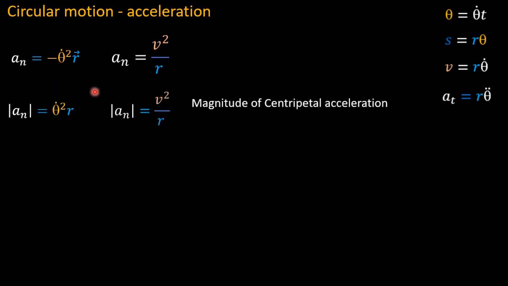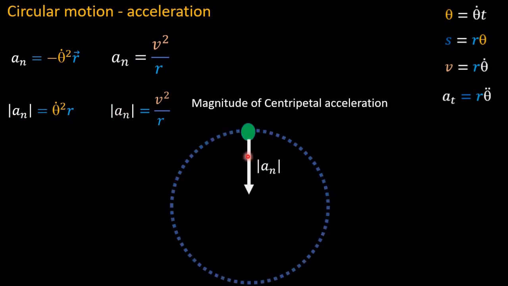I can say now that the magnitude of a sub n is just going to be theta dot squared times r. I'm ignoring the direction, just taking its magnitude. And the magnitude of a sub n equals v squared over r. And remember, it acts towards the center.